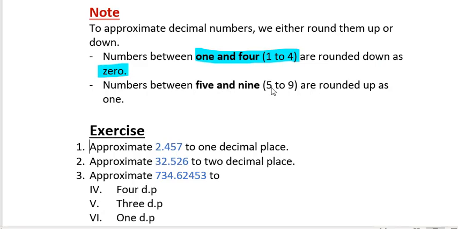Numbers between 5 and 9 are rounded up as 1, just 1 digit. Okay, let's go ahead and solve the question from the exercise.